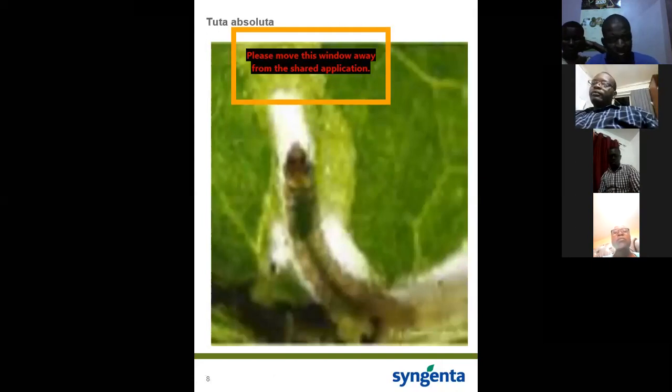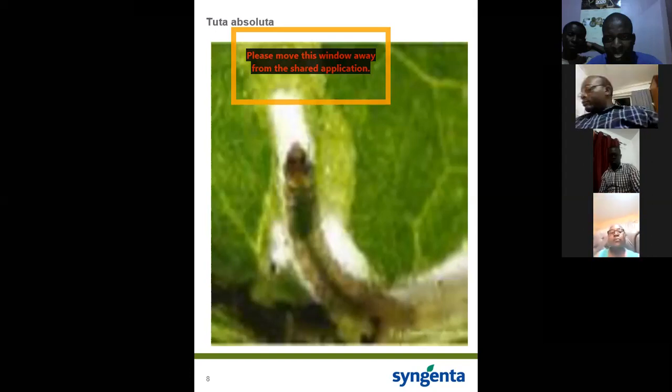This also looks like a leaf miner, but it's big in size. It also resembles the fall armyworm and the diamondback moth in cabbage. To control this type of pest, you need chemicals such as Ampligo and Denimfit.